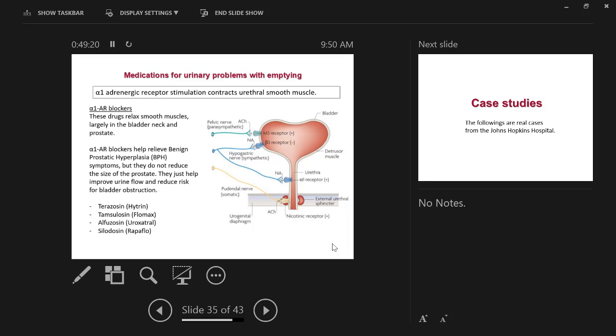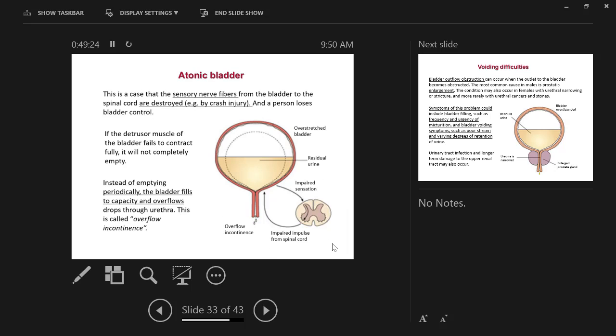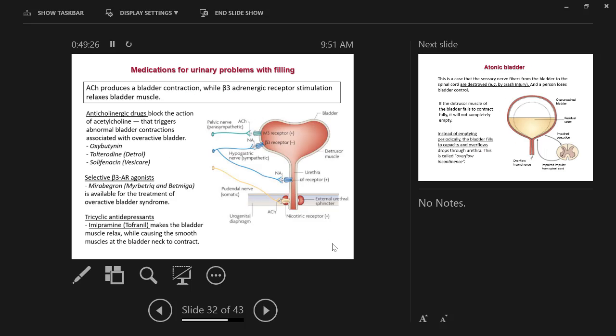Even though you could use beta-3 selective agonists, which are available, they used to use regular beta agonists, not the selective ones. Selective ones became available recently. If you don't use the selective agonist, then that causes a lot of problems.